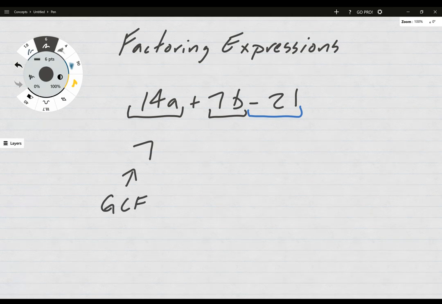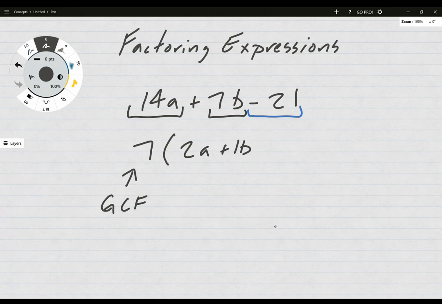That's going to be on the outside of my parentheses. So 14a divided by 7 gives me 2a left. 7b divided by 7, that's just going to leave me with b, because 7 divided by 7 is 1. So just imagine there is an invisible 1b, a 1 in front of the b.